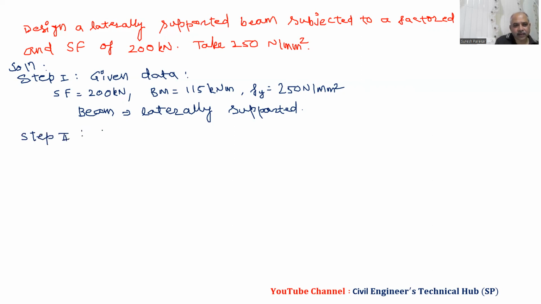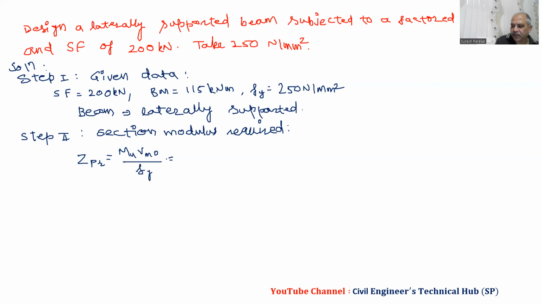Now we have step 2, section modulus required. Already in the last video, we have seen how we have modified this formula, so I will not explain that. You can see the last video, and from this you can see how we got this formula: ZPR equal to Mu upon gamma m0 divided by Fy.